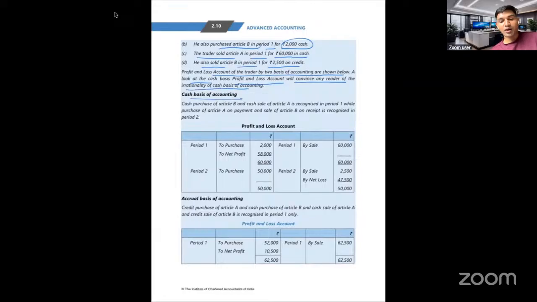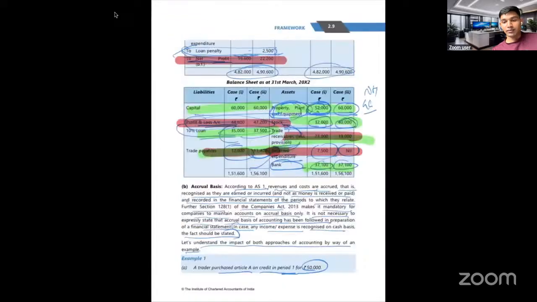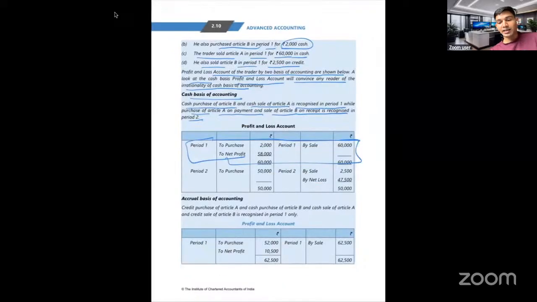Cash basis of accounting: cash purchase of article B and cash sale of article A is recognized in period one, while the payment for the purchase of article A and the receipt for the sale of article B is recognized in period two. Here we can see, we have purchased article A on credit.